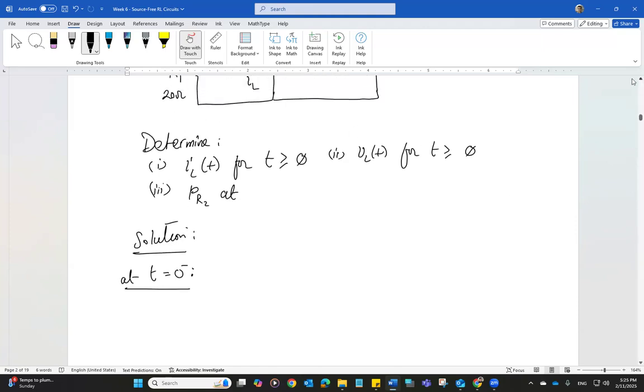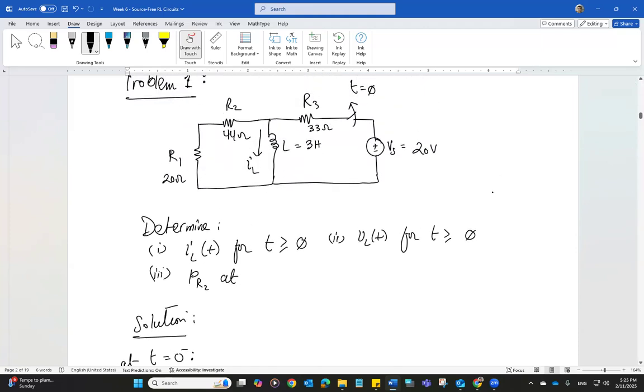Now, assuming that the switch is closed for a very long time before it is opened at t equals 0, the inductor is fully charged. That means the inductor is acting as a short circuit. When the inductor is acting as a short circuit, it will be in parallel with R2 and R1, which means both resistors, R2 and R1, are going to be gone. There is no current flowing through R2 and R1.